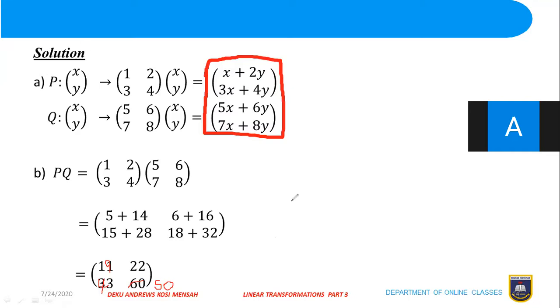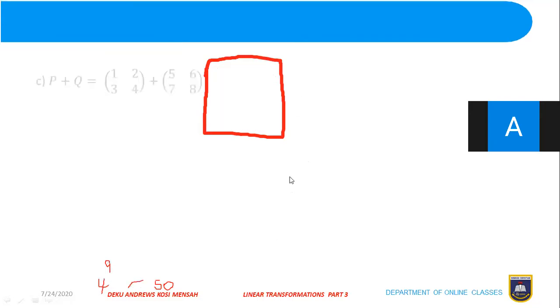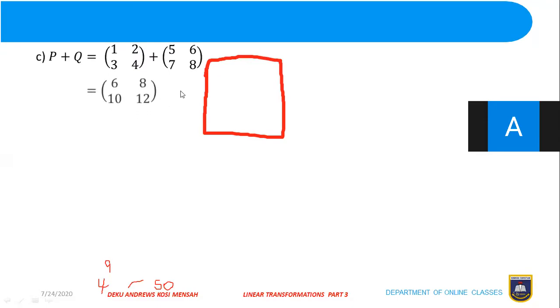Then we are finding P plus Q, and P plus Q will also give us this. Did you all get the same thing? Yes. Good.